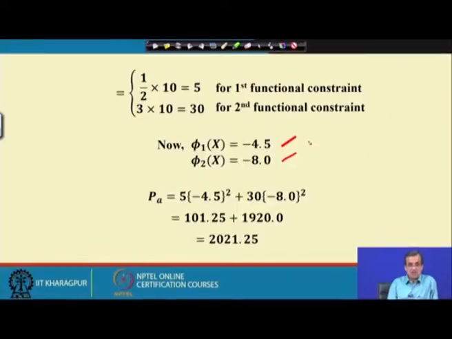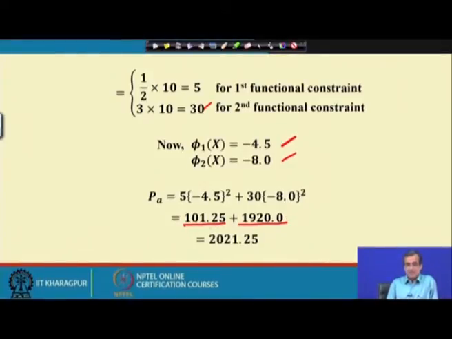Now, using this concept of adaptive penalty, I get 5 times lambda multiplied by minus 4.5 square, plus 30 times lambda into minus 8 square, and if you calculate, I will get the penalty term for the first functional constraint like this, and for the second functional constraint this is the penalty term.